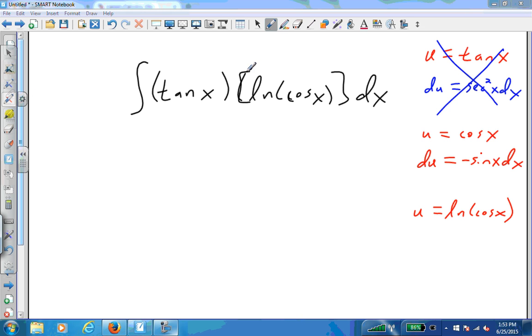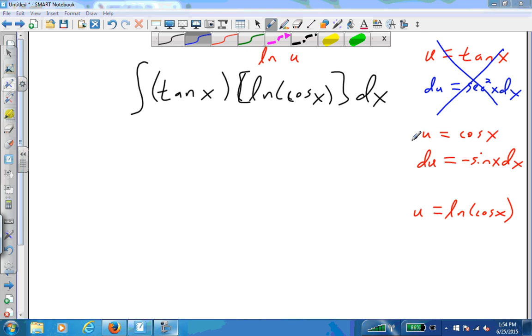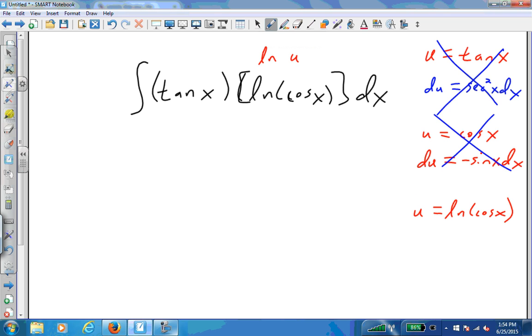So that would basically be natural log u, and then this doesn't really look like that. So we're off. We have a cosine on bottom, and we can't just pull a cosine out front because that's a variable.